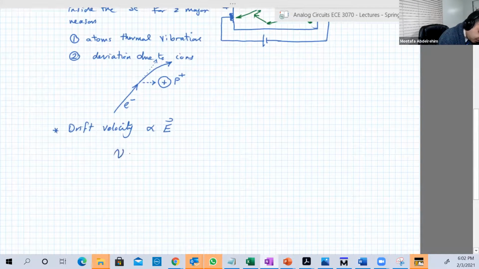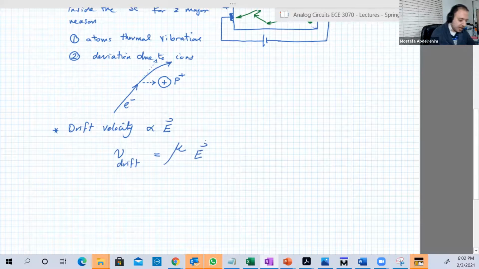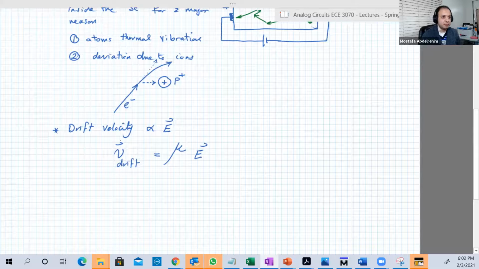So we can say that V drift equals some constant, we will call it mu, times E. Both are vector quantities, it's a vector equation.